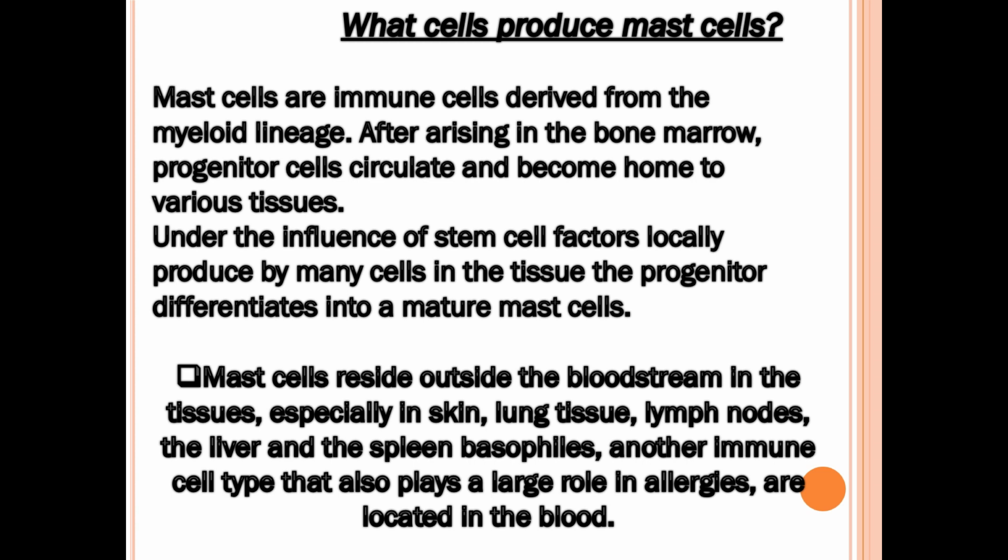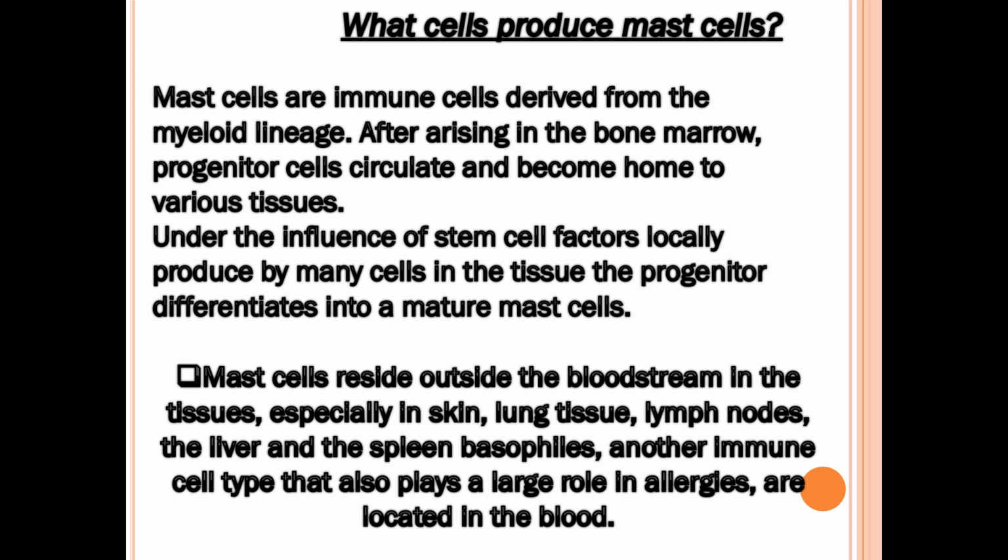What cells produce the mast cells? The mast cells are immune cells which are derived from the myeloid lineage. After arising in the bone marrow, progenitor cells circulate and home to various tissues. Under the influence of stem cell factors locally produced by many cells in the tissue, the progenitor differentiates into mature mast cells.